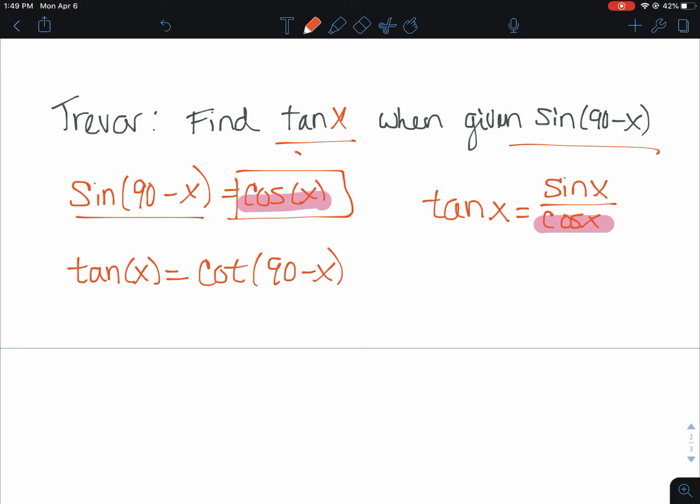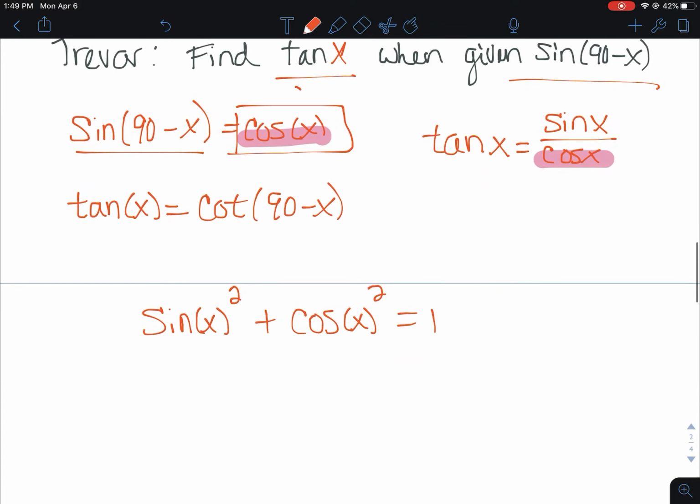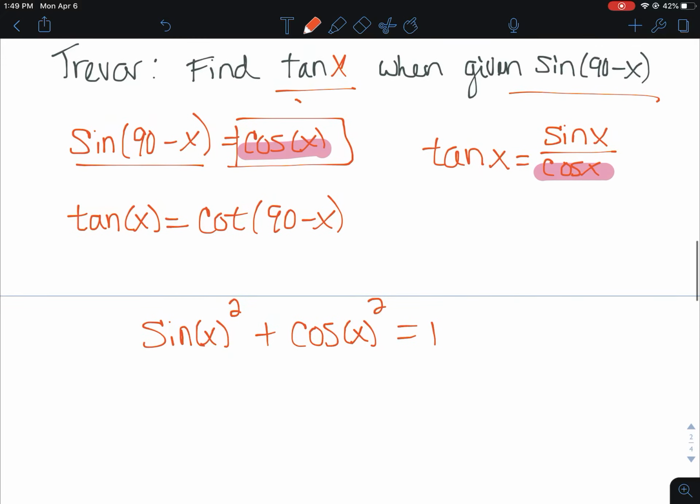So I could find that from there. The other thing that I know is that sine of x squared plus cosine of x squared is equal to 1. So actually we do have enough information. I lied.